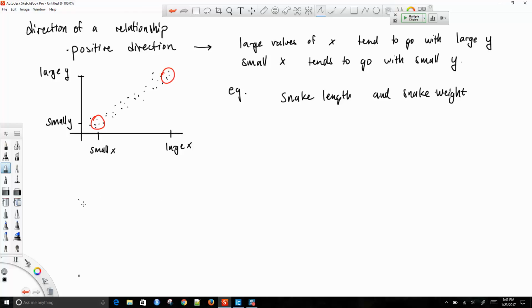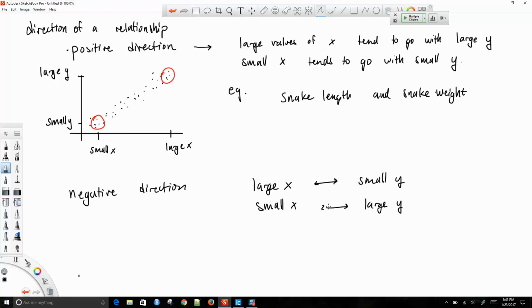The negative direction is just the opposite. I'm just going to write large x goes with small y. And these are in general trends, okay? Of course, you can have some exceptions. Small x goes with large y.